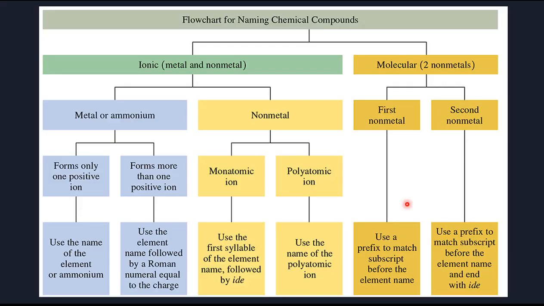All right, so just to remind you, I will provide this flow chart for you. It's on Canvas, but I will also laminate it and give it to you in class. I may have already given it to you. This is a very handy flow chart that you can use to help remind you about how we name ionic compounds versus covalent compounds.